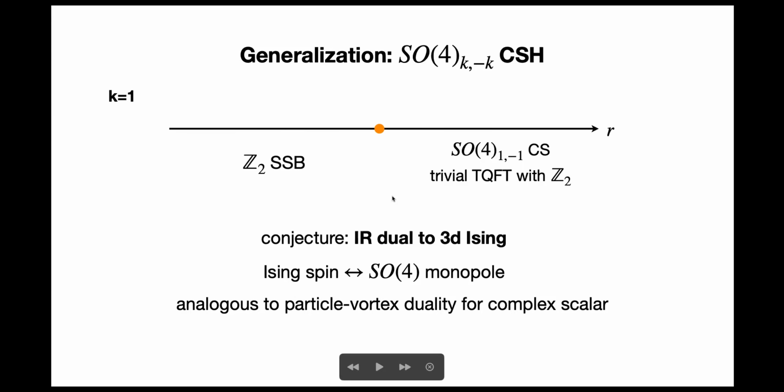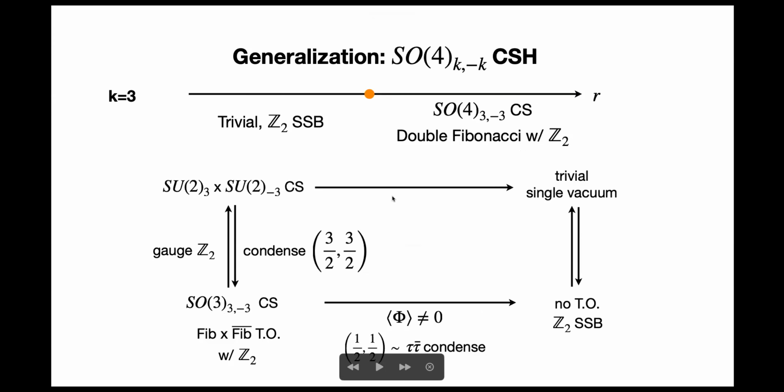Here we find a Z2 cousin for it. You can also run the K equals 3 case, then this will be a transition from the double Fibonacci to a trivial phase, where the Z2 will act trivially on the anyons. And the transition is driven by the fluctuation of a non-abelian boson.